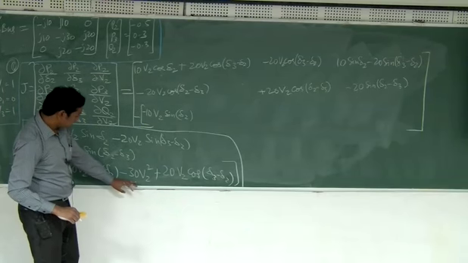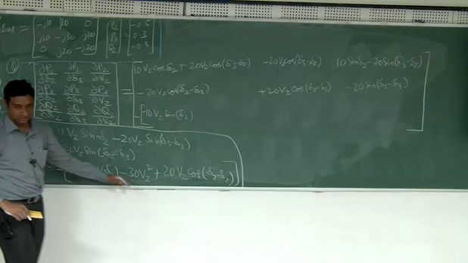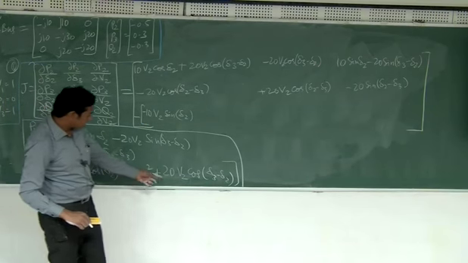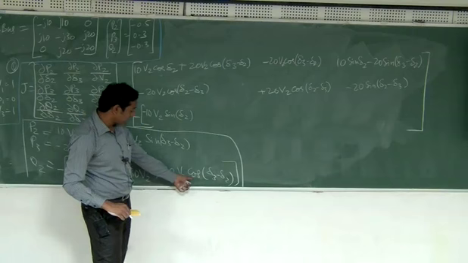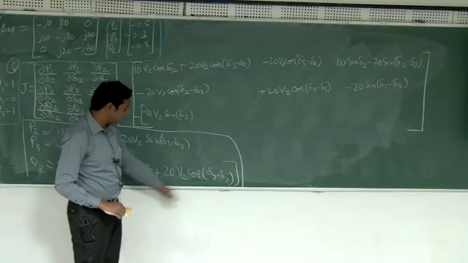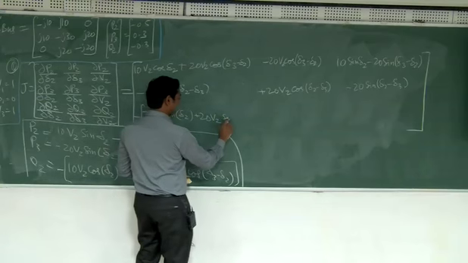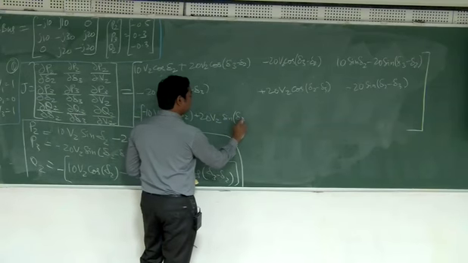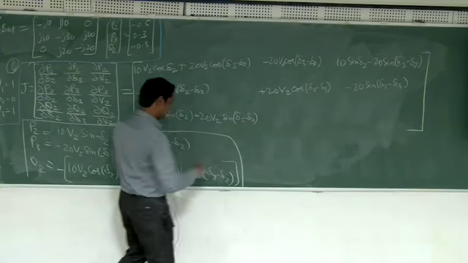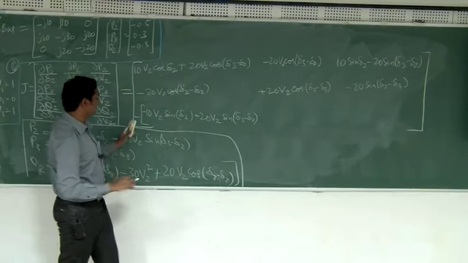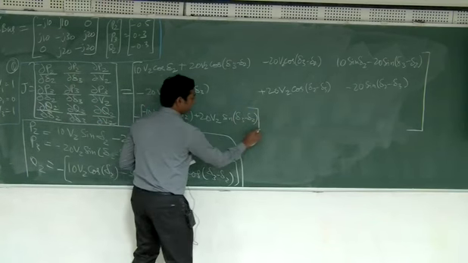What about this term, 30 V2 squared? This term is constant because I am differentiating with delta 2. And what about this term? 20 V2 sin, but then the minus will get cancelled. So 20 V2 sin of delta 3 minus delta 2. The minus gets cancelled, so I am just giving plus inside, and there is a minus outside.